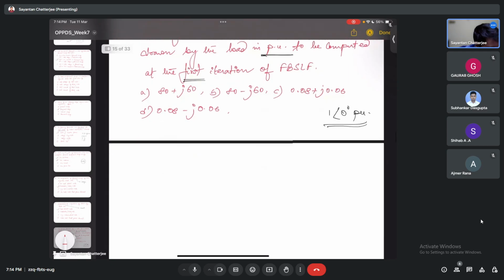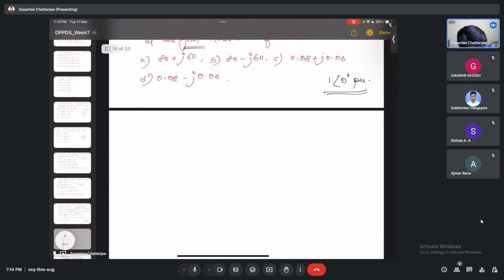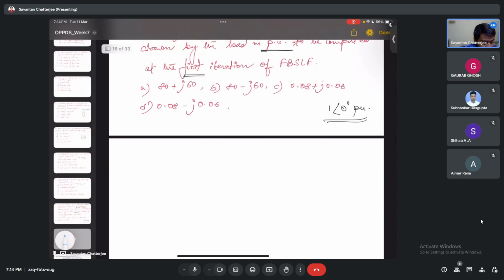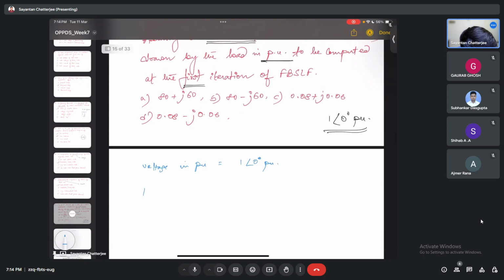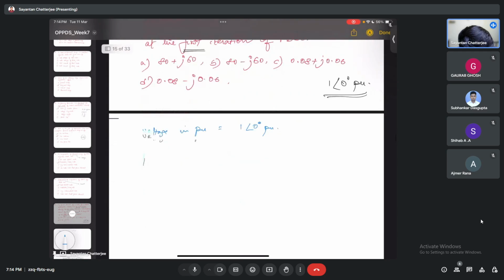Okay. So already we know that if no value is given, for the first iteration we can choose the voltage values as 1 per unit, 1 angle 0 degree. Now we are required to find the current phasor.